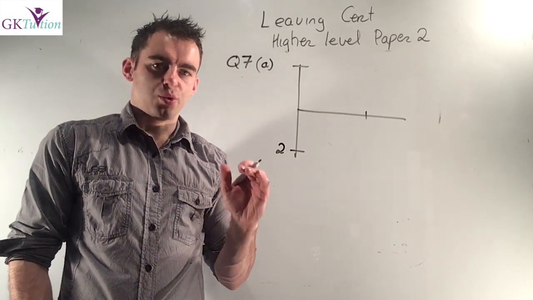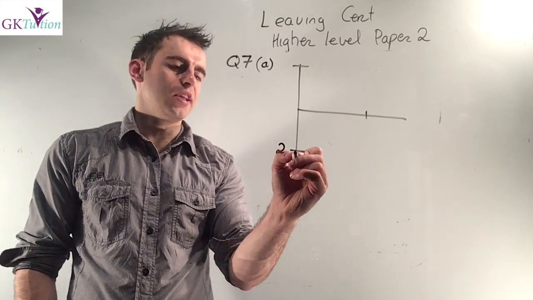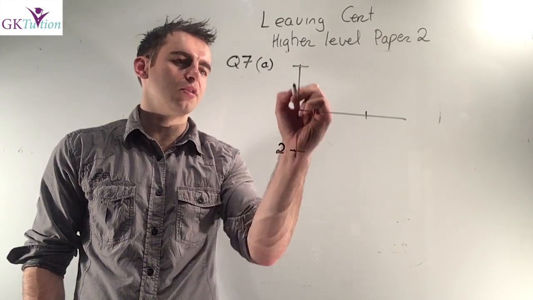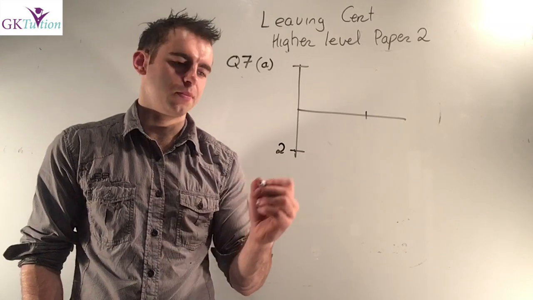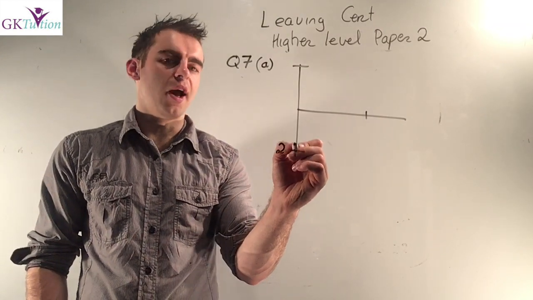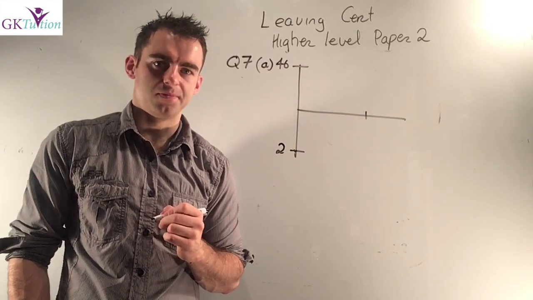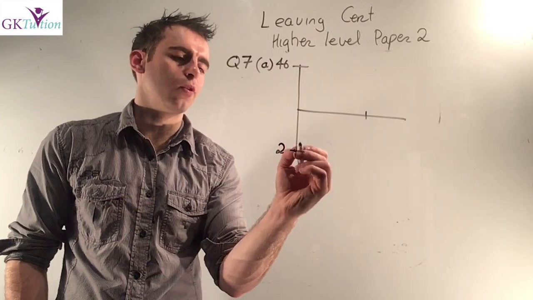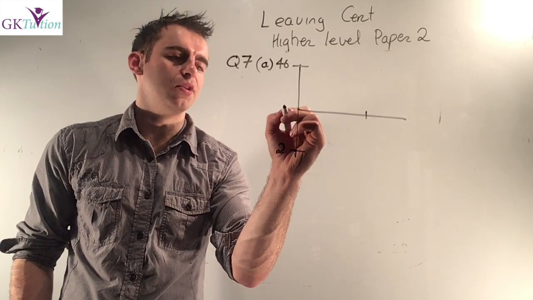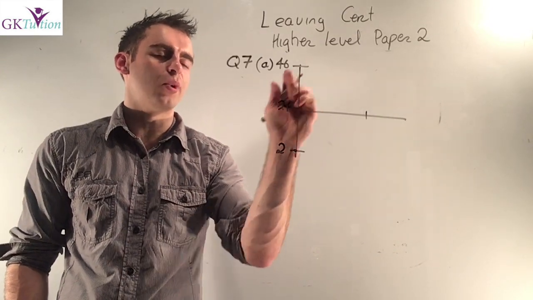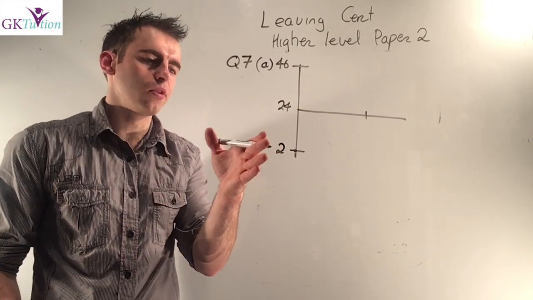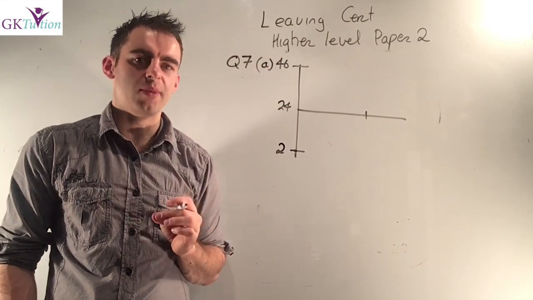The radius is 22 meters, so the diameter must be 44 meters. So if this is 2, I add on 44, the highest point I'm going to get to is 46 meters. And if that's a 2 and that's a 46, 2 plus 22 gives me 24, plus 22 gives me 46. So I know the minimum, I know the maximum, and I know the midline.